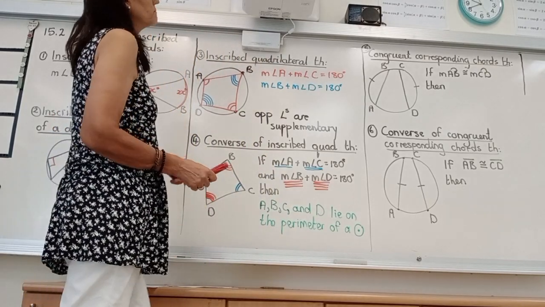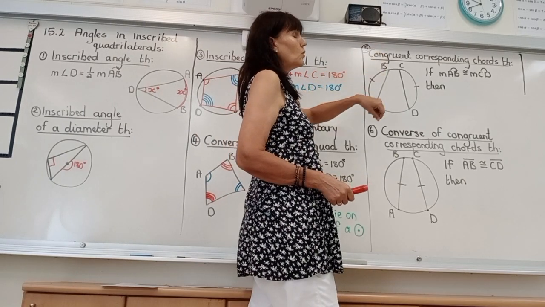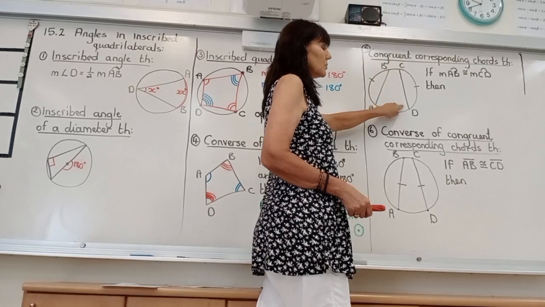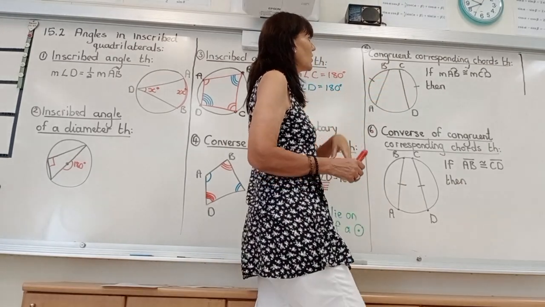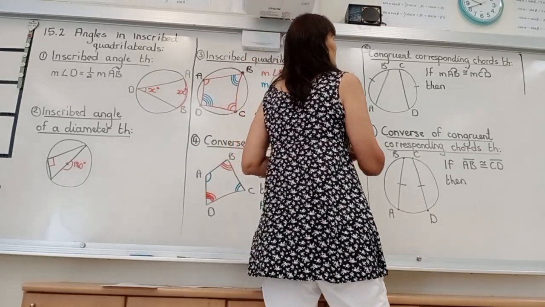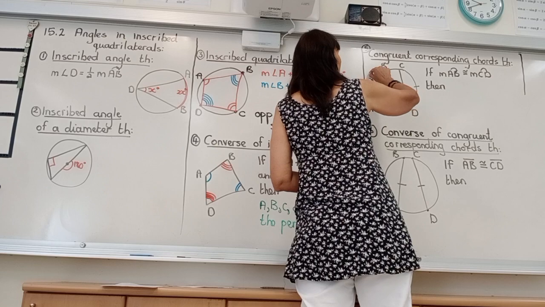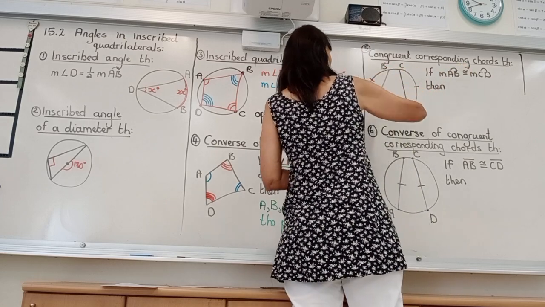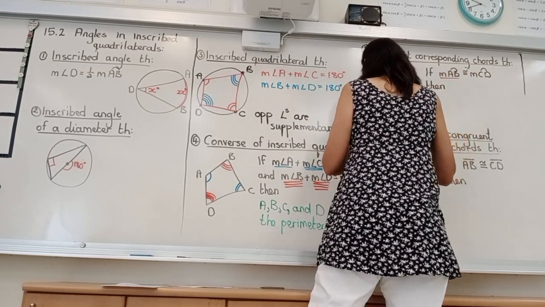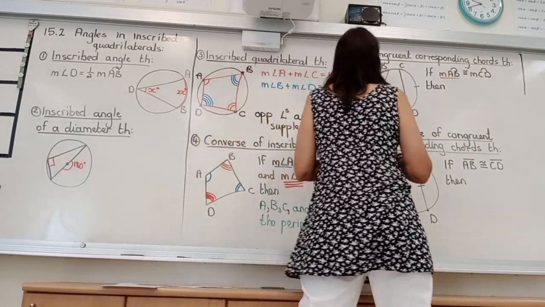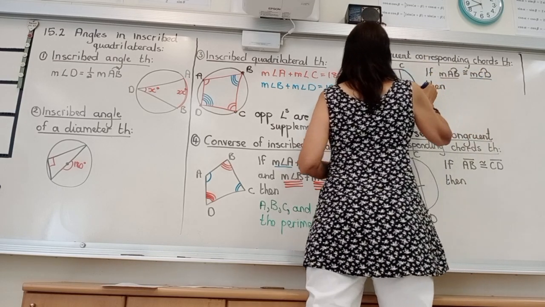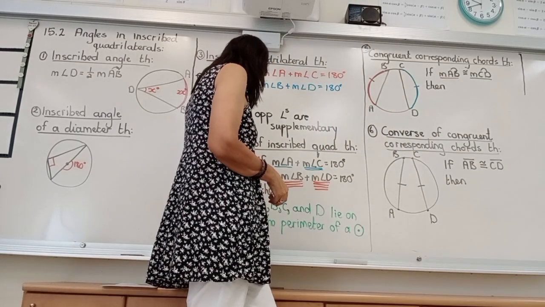The next one is congruent corresponding chords. Remember, a chord is a line with endpoints on a circle, so we must work in a circle for this theorem to be true. If we know that the measurement of the arc, look at the little bow, let's make this one the red one, is congruent, exactly the same size as this blue one, C to D, the two arcs are definitely equal.